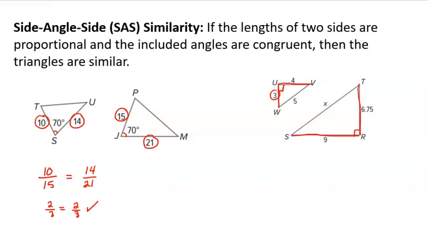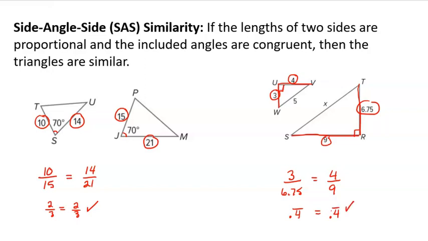My shorter side for this one is 3, and my shorter side for this one is 6.75. And then we've got 4 and 9. And 3 divided by 6.75 gives me 0.4 repeating, and then 4 divided by 9 also gives me 0.4 repeating. So those also check out to be similar.